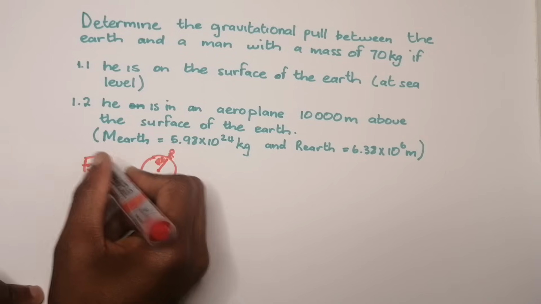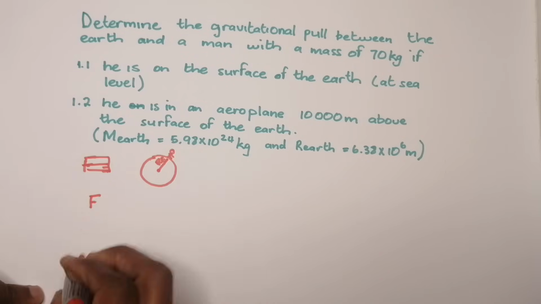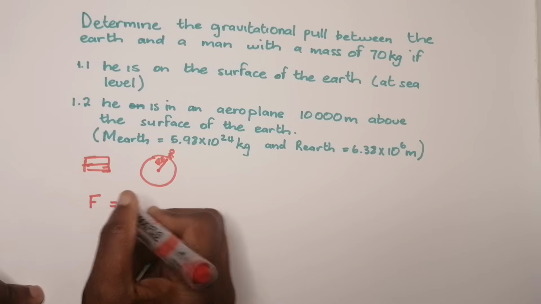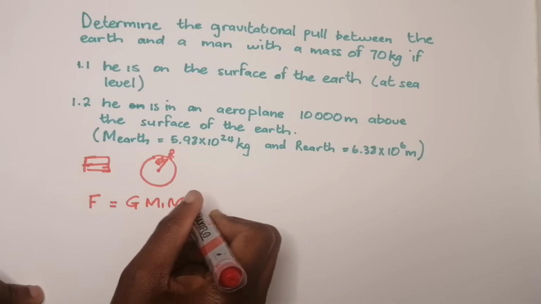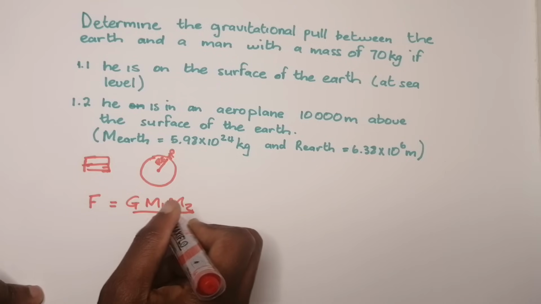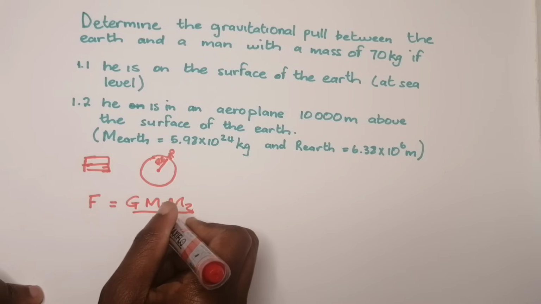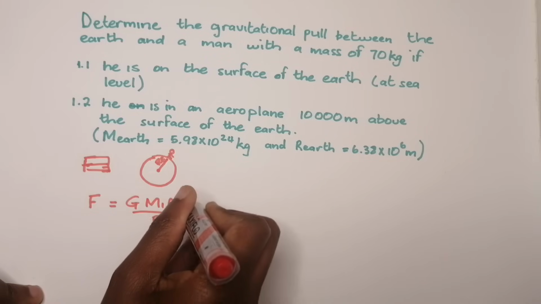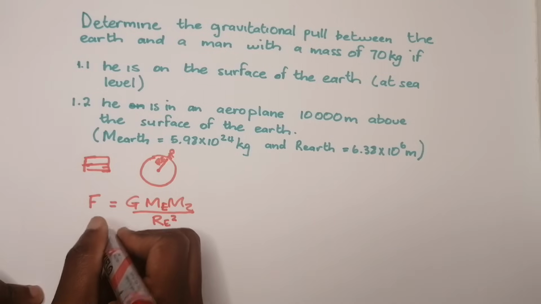What I want to find out is the force with which the Earth pulls the person. So force is equal to G M1 M2 divided by R squared, or you can use D squared if you want to. But it's going to be RE squared. So that's the mass of the Earth and the mass of the person.